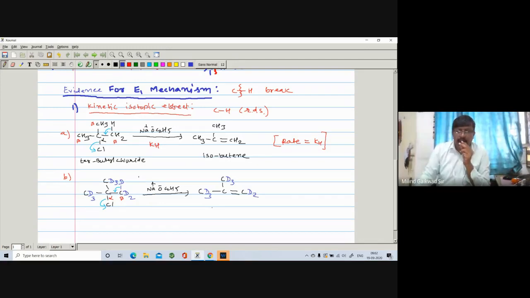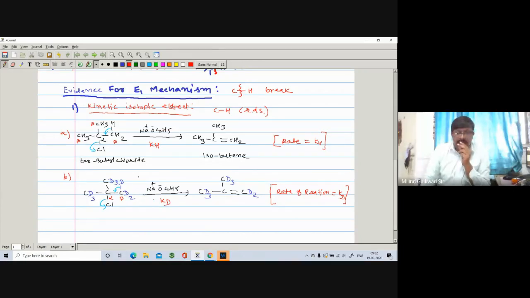So you are getting a deuterated isobutene. You get such type of compound. Now we have to find out the rate of reaction. Experimentally we find the rate of reaction, and we note it as KD. So here the rate is KD.